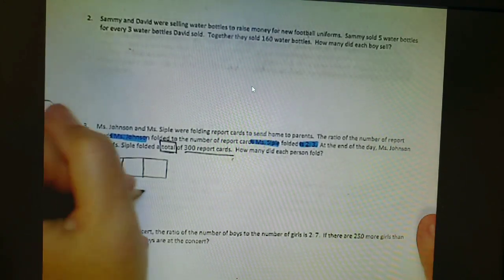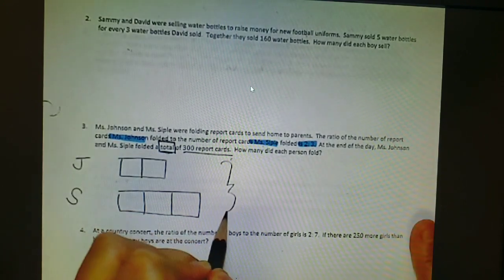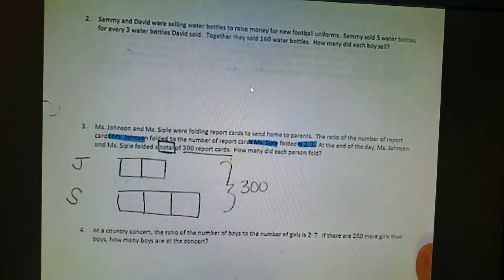So we're going to make sure this is 3 boxes. We know that this is a total. Okay, so that means both of these teachers together, because it says at the end of the day, Miss Johnson and Miss Sipple folded a total. Both of these teachers together folded 300 report cards.